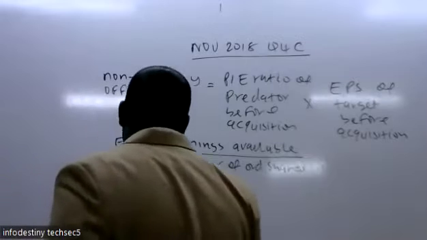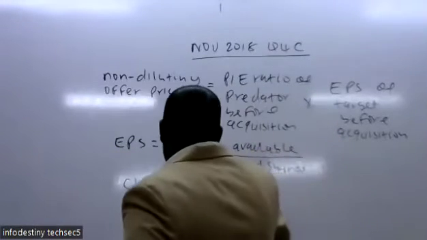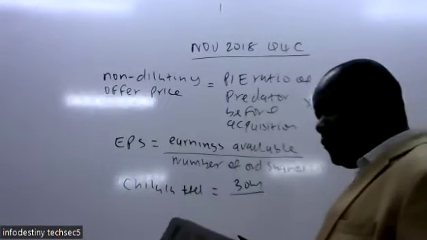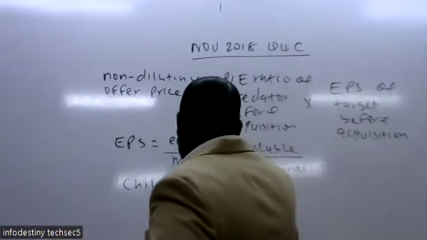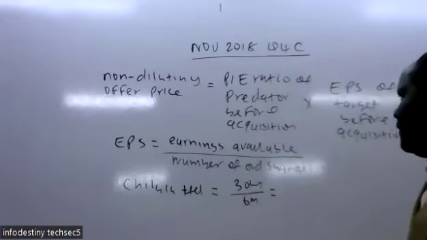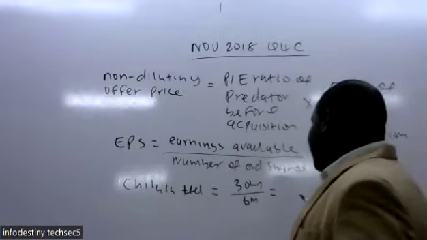Chilulu Limited earnings is the same as the net income, which is 30 millions, divided by the number of ordinary shares outstanding in millions, which is 6. That should give us 5.